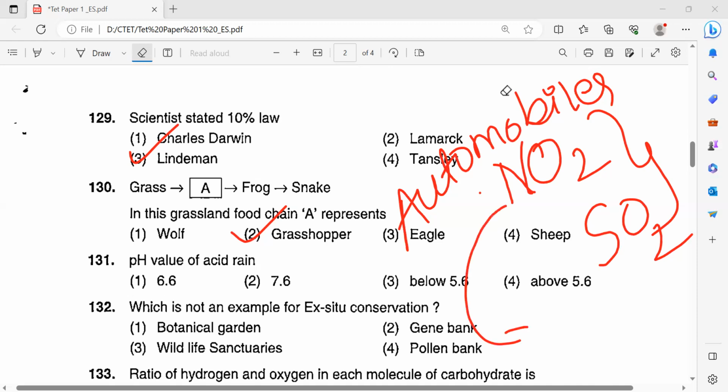Nitrogen dioxide forms nitric acid or nitrous acid. Sulfur dioxide forms sulfuric acid. These acids fall in the form of rain. This is called acid rain.